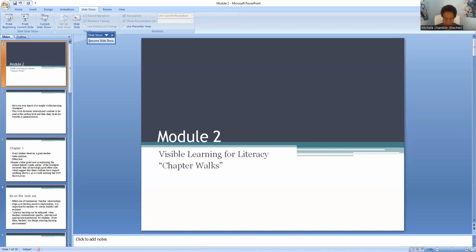And I just wanted to read something from page 3, why it's so important for us to take note of literacy. It says, we think that visible learning for literacy is important for several reasons. So these are the big reasons. One, literacy is among the major antidotes for poverty.